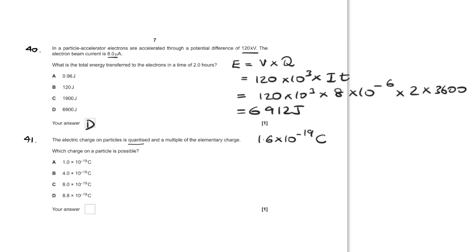If I multiply this by 2, that will give me 3.2, so that can't be made into 4. If I multiply it by 3, it will give me 4.8. Again, that doesn't work because 5 is not an option. However, if I multiply this by 5, it will give me 8.0. Therefore C is my answer to this question.